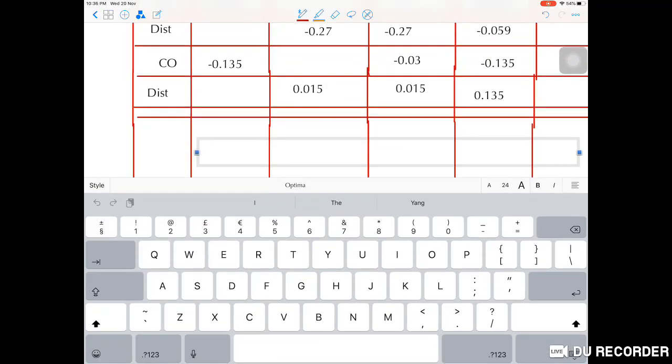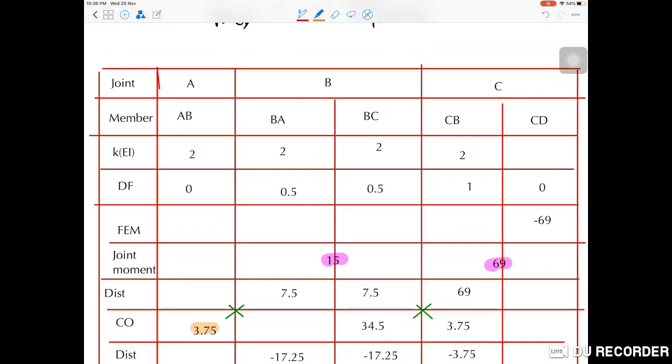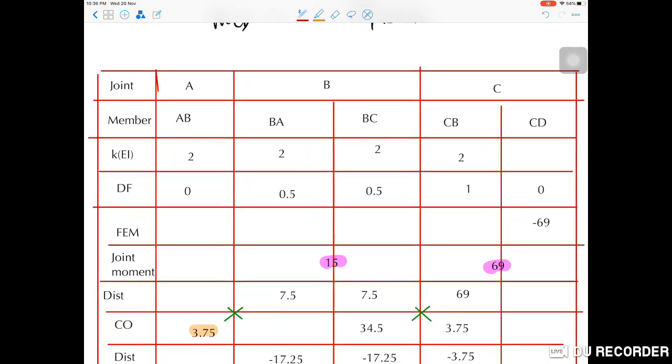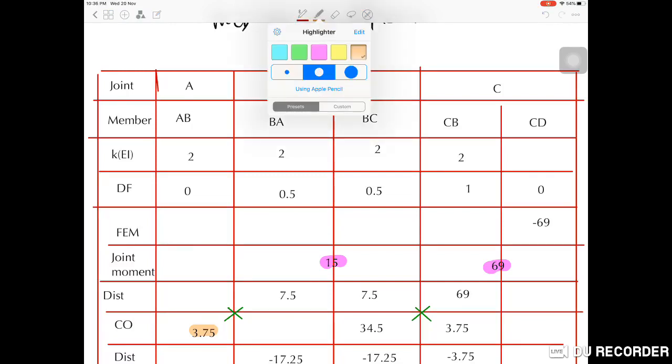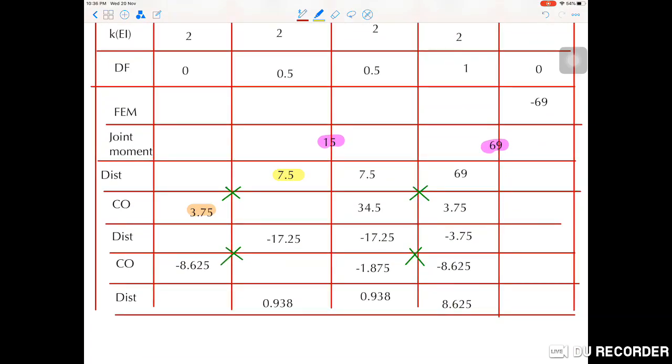negative 5.561. Okay, for BA, we will start with 7.5. 7.5 minus 17.25 plus 0.938.